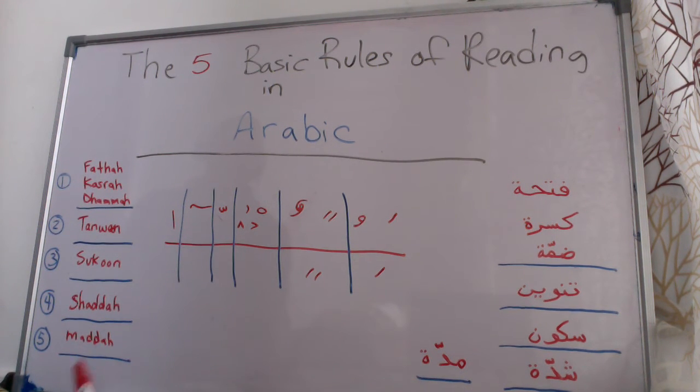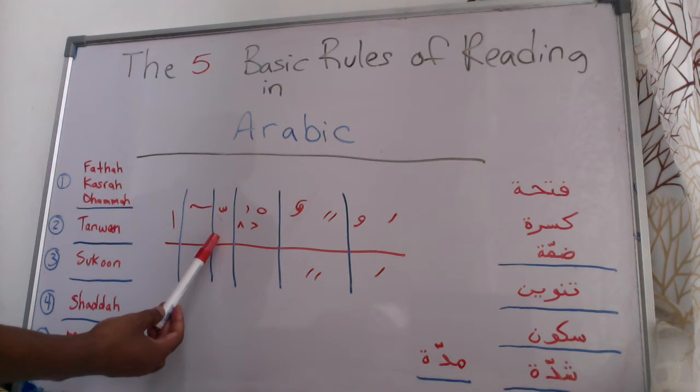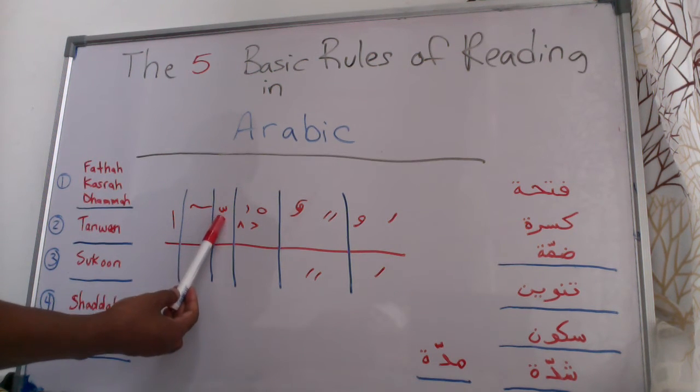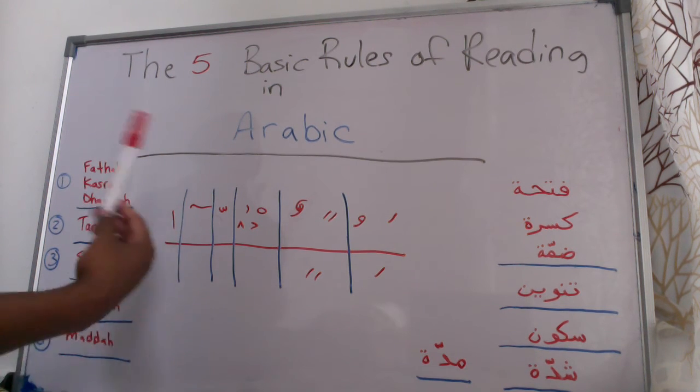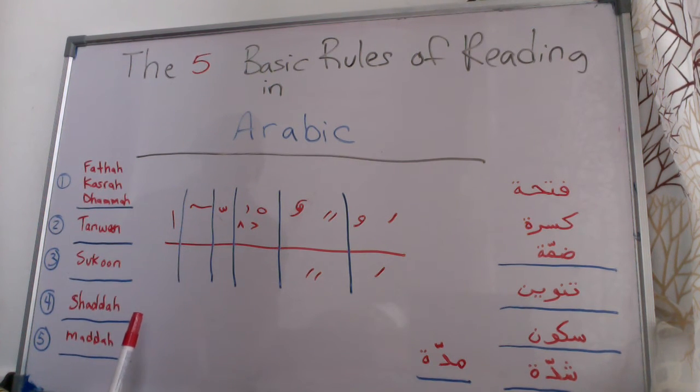In Arabic, when you want to show that a letter is doubled, we use this little symbol that looks like a small W on top of the letter, and that lets us know that we should emphasize that letter and pronounce it as if it's a double letter.